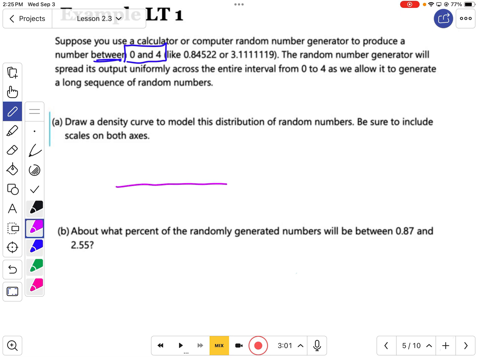Well, it's going to be uniform. We're going to go from 0 to 4. That means it's just a rectangle. And what's the height going to be? 1 over 4. That's all it wanted me to do. So that bottom is the only thing we generate, and that's my random number.